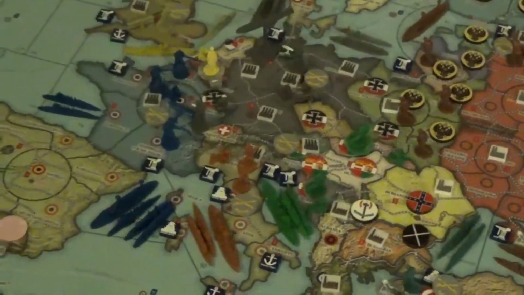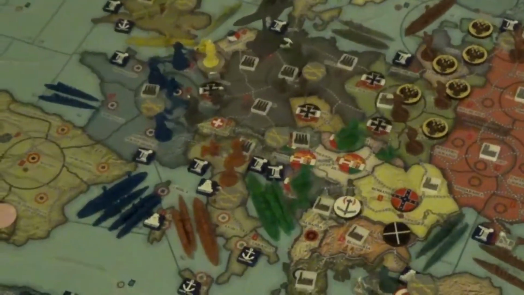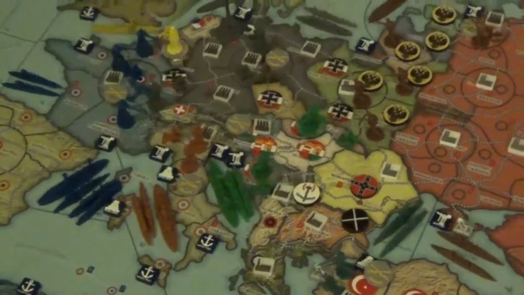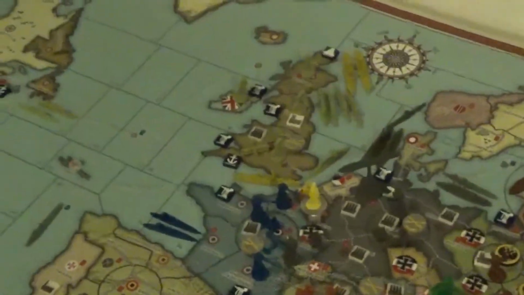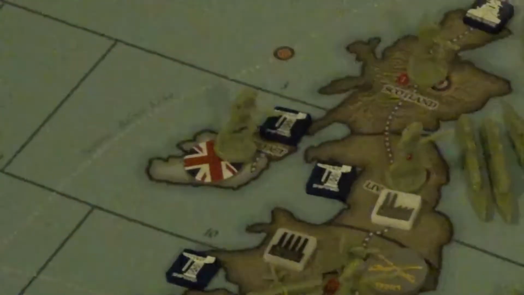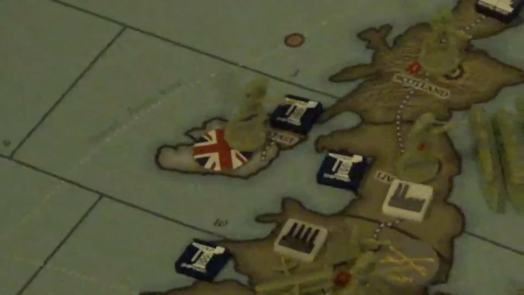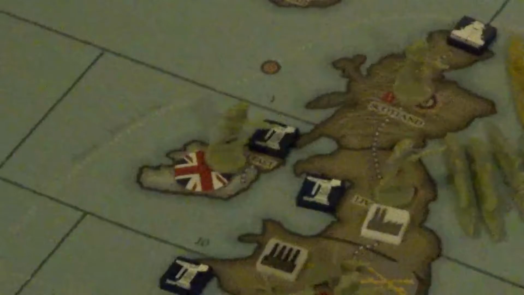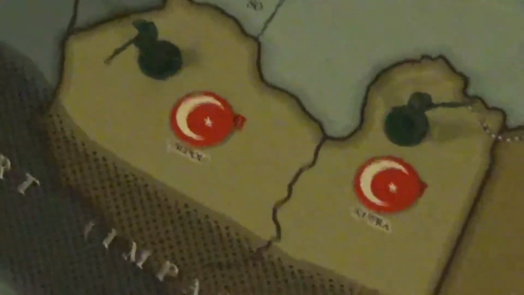Other events will be sprinkled throughout. The Irish Revolt, I want to say 1916. The Irish did revolt in Ireland. There'll be the Libyan Revolt. There'll be the Arab Revolt.